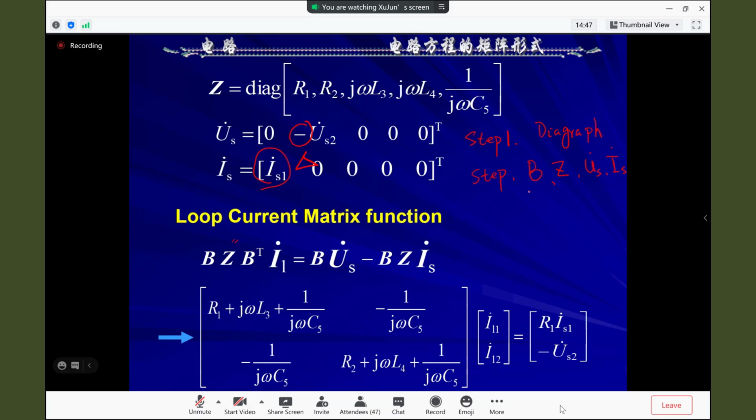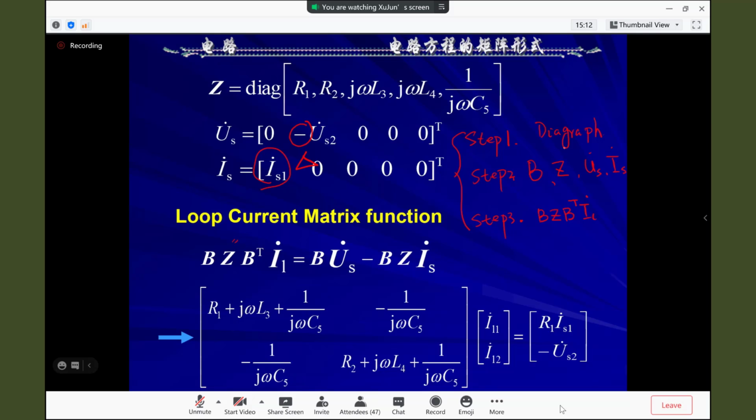And step 3: write the function B, C, B transform L equal to BUS minus BCS. So for this kind of problem, we have 3 steps.